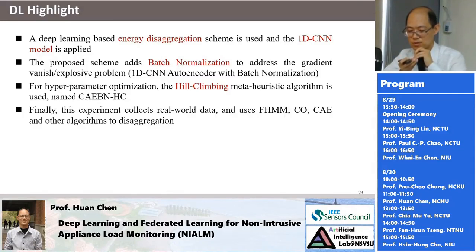Finally, we compared the results using the open data set, REDD, as well as our own collected data. We also compare the results with the factorial hidden Markov model, combinatorial optimization, and the convolutional autoencoder, and the autoencoder with the hill climbing improvement.